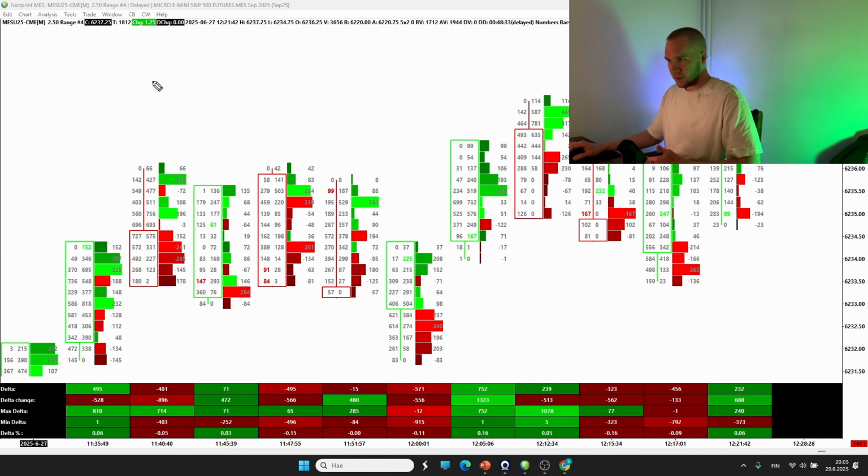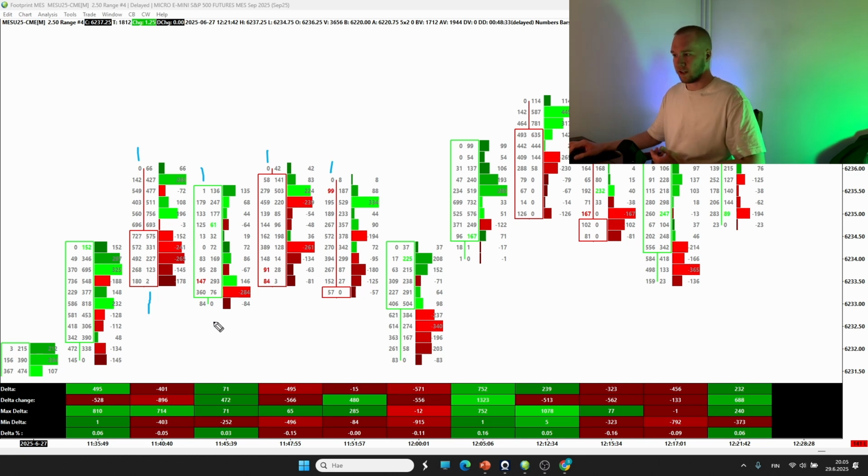The way this footprint chart works is it is bid ask. The left side here is the bid, so these are the sellers, and the right side here is the ask, so these are the buyers. Every left number you see, whether it's here or here or here, those are all the sellers.